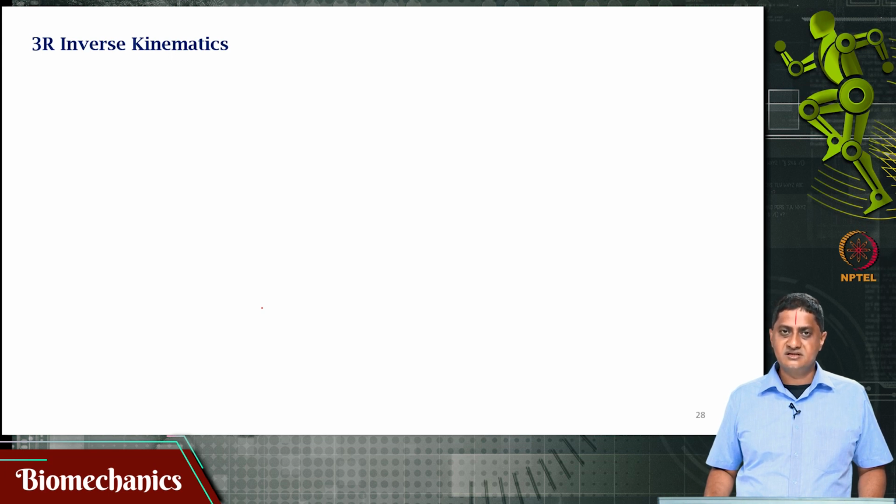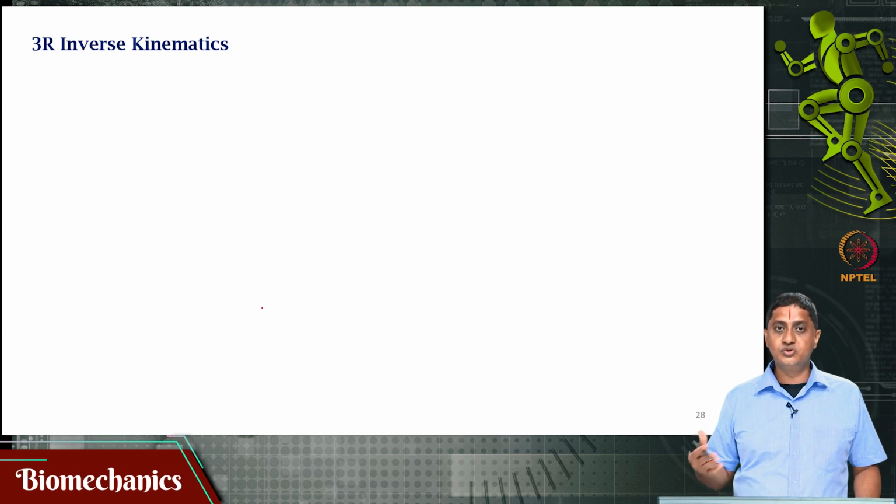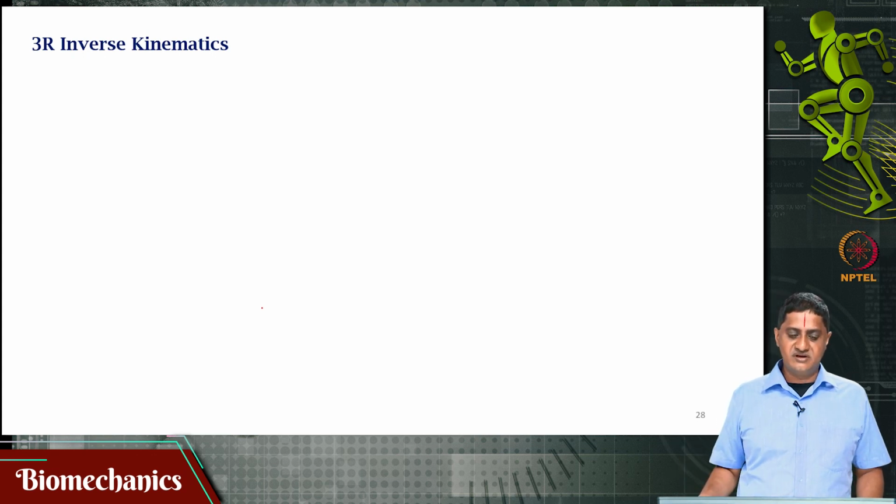We said this as elbow up, elbow down configuration. So, different configurations might lead to a given endpoint, at least two different, more than one will happen. That is in the simplest case of the two link chain. So, now we are looking at the three link case.